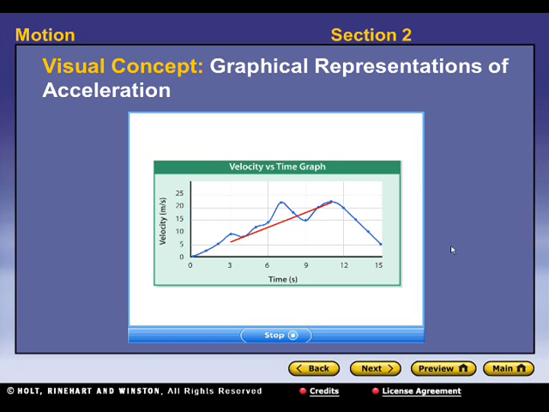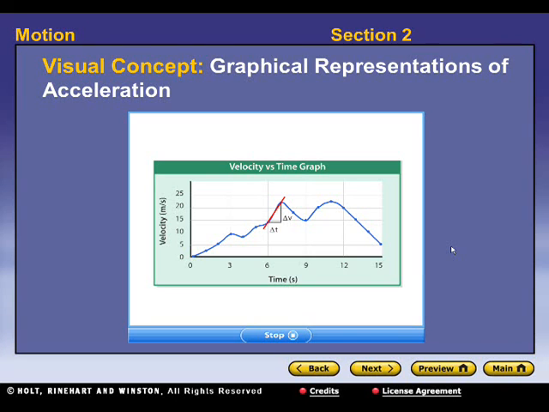Consider an object whose motion is represented by this graph. Let's find the average acceleration for the time interval from 4 seconds to 10 seconds. Average acceleration is simply the change in velocity divided by the time of travel. In other words, the average acceleration equals the slope of a velocity versus time graph over a time interval.